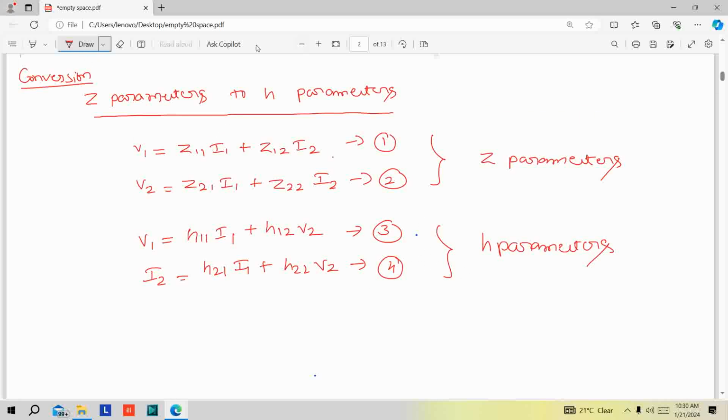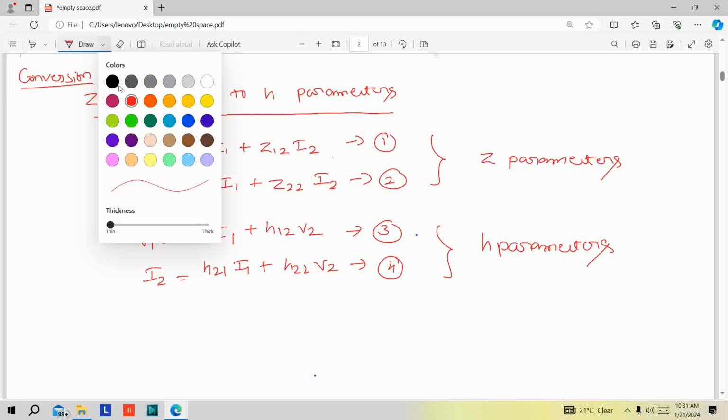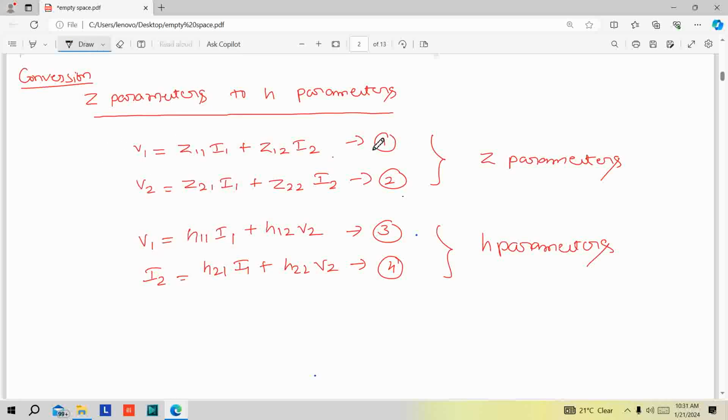Now look here. In any conversion, you should not alter equations 1 and 2. You should not change equations 1 and 2; you need to write them as they are, correct? You need to alter only equation 3 or 4. Whether you alter equation 3 or 4 depends upon the comparisons.